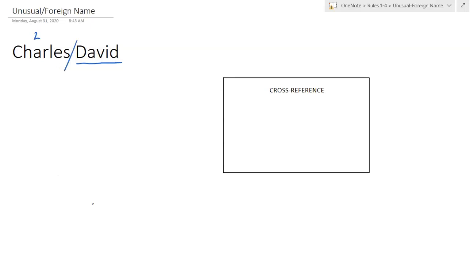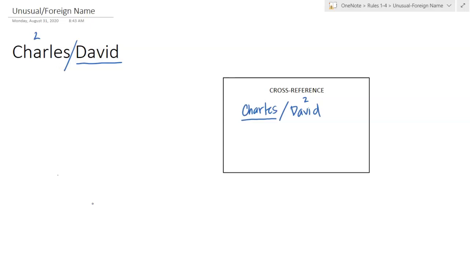Your cross-reference is the other way that it could have been filed under. As an example, another way that this could have been filed would have been under Charles as my key unit, and then David as unit 2.